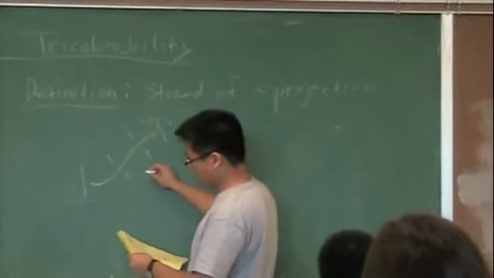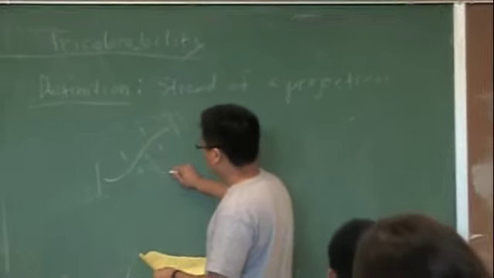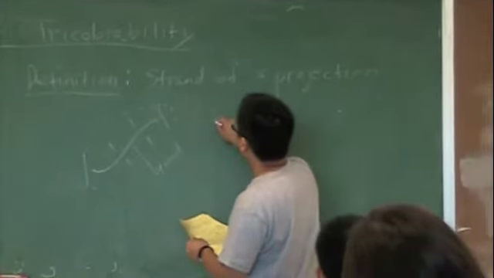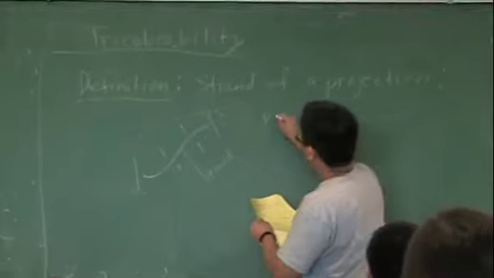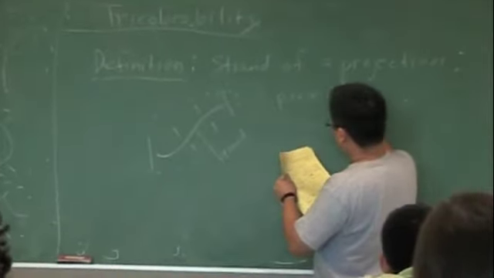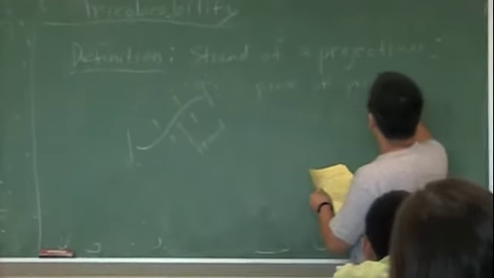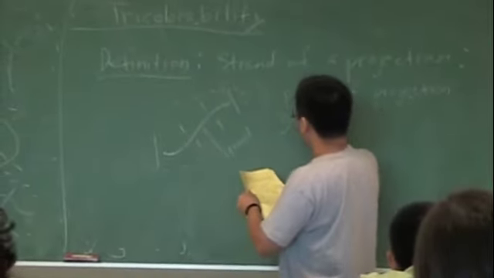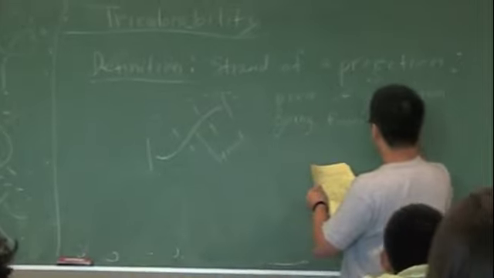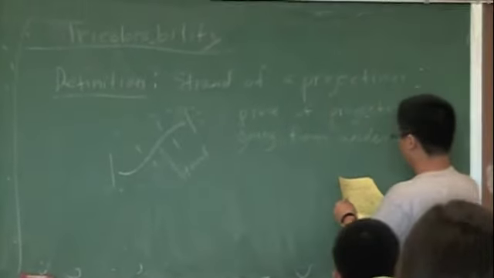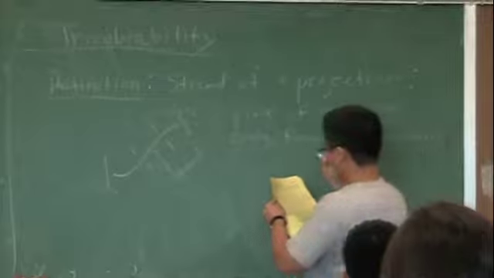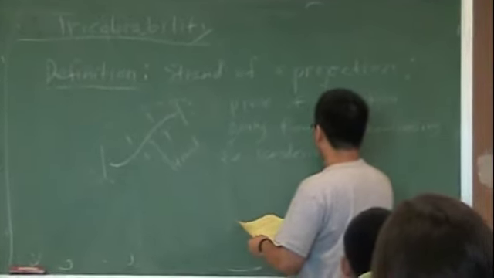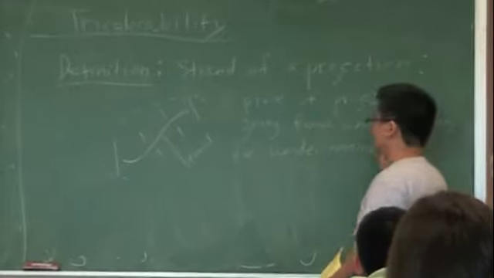So this thing's called a strand of the projection, and it's defined as a piece of projection going from undercrossing to undercrossing.